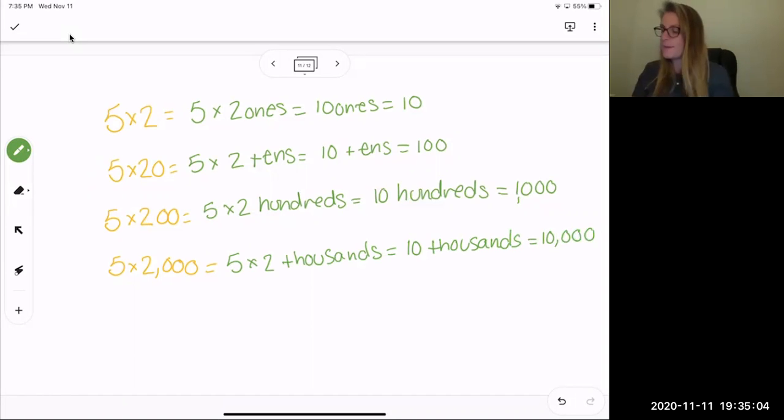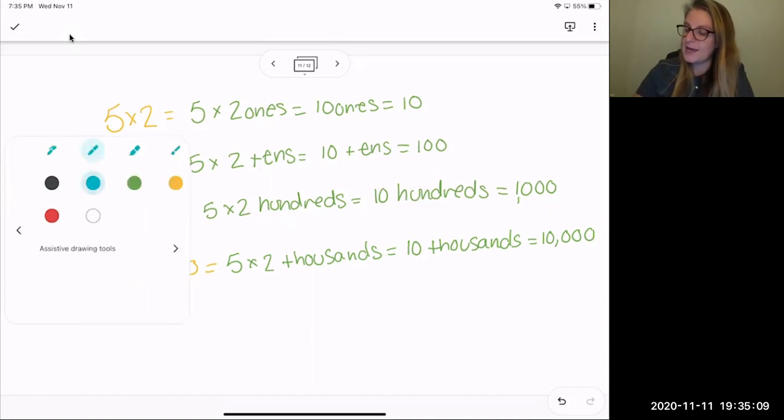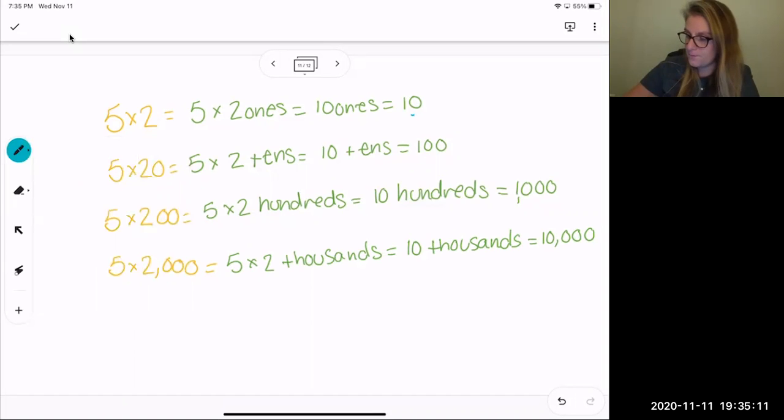Now with this problem, we have what seems like an extra 0 here. Why do you think that is? In our previous problem, we talked about tens and how we would have 1 zero and 1 zero.